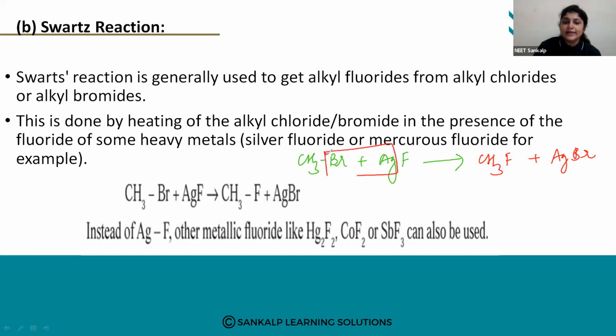So this is the side product which is obtained, and this will give CH3F. Understood? So instead of silver fluoride, other metallic fluorides like mercurous fluoride and cobalt fluoride can be used. So these are the different fluorides which can be used.